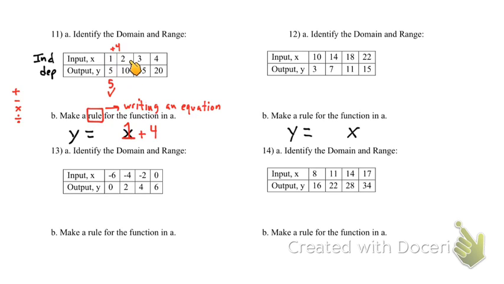Okay? Now we're going to check, does that rule check off the next set of numbers? So now for x, I'm going to plug in 2. So let's plug in 2 here and do the math. 2 plus 4 gives me 6. But what you'll notice is I was supposed to get a 10.